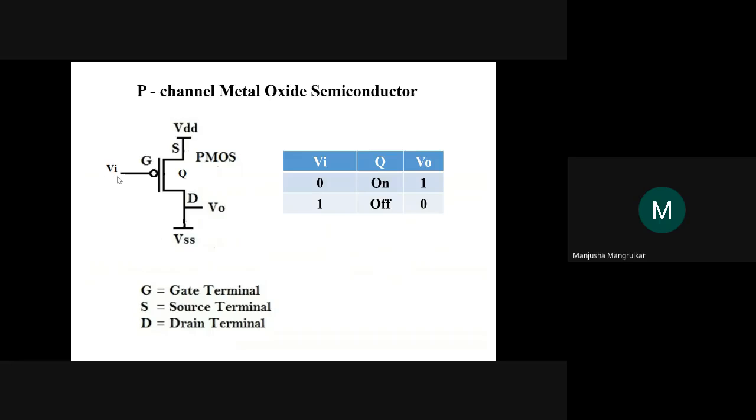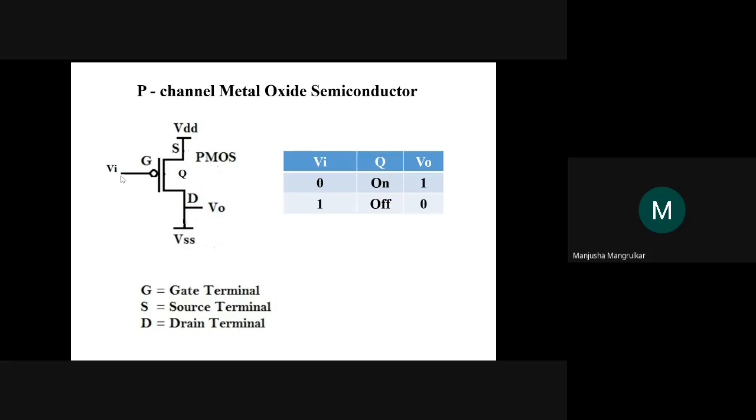Suppose you are giving a 0 here, in the gate terminal. If it is a 0, it is inverted. So your PMOS transistor Q is in on position. If it is on, it is closed. If it is closed, your output is directly connected to the VDD.